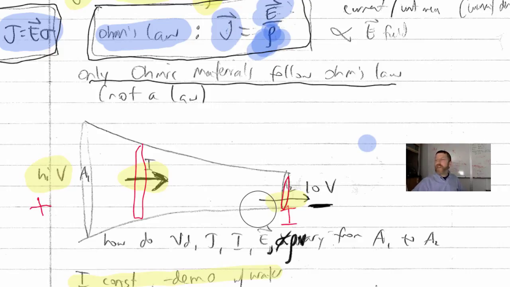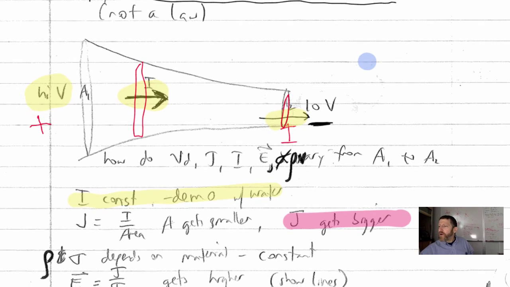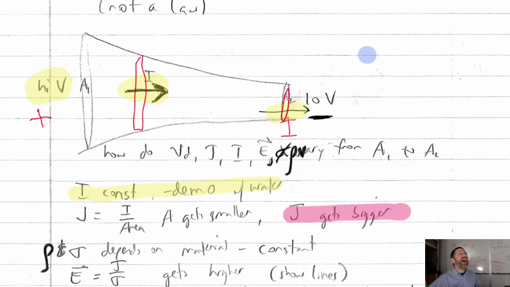Well, notice that the current density increases. Does the resistivity change? No. What has to happen to the electric field? It has to increase. And that's right here, the electric field gets higher.